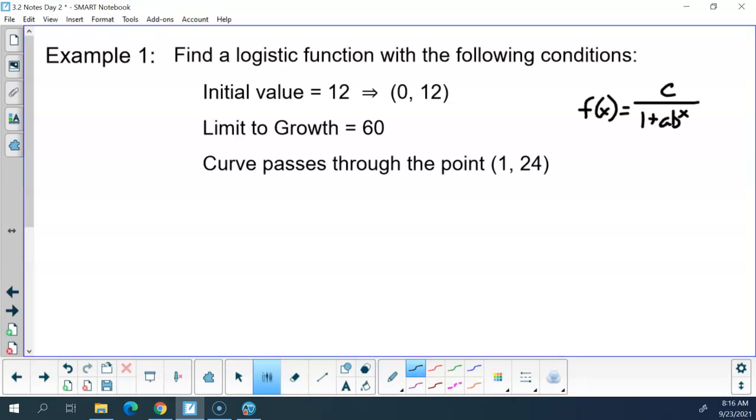So, based off of your notes that you just took, is there anything that I can fill in on this f of x equals c over 1 plus a b to the x? Yeah. So what is that? 60. And what part of the formula is that? C. Okay. So my function is already going to be f of x equals, and 60 is going to go up top.